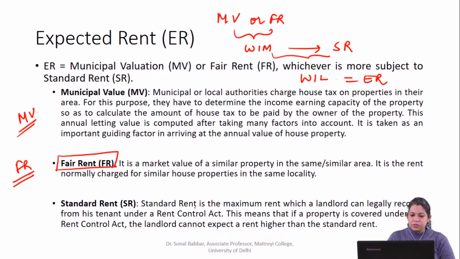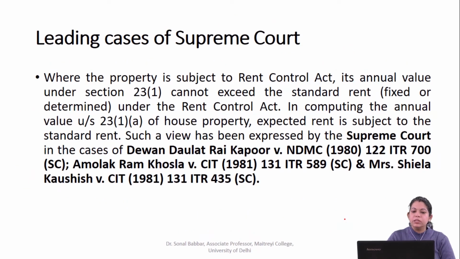Then comes the standard rent. Standard rent is the maximum rent which a landlord can legally recover from his tenant under a Rent Control Act. So it means if a property is covered by a Rent Control Act, the landlord cannot expect a rent higher than the standard rent. This is in fact coming from a leading case of the Supreme Court, where for a property subject to the Rent Control Act, its annual value under Section 23(1) cannot exceed the standard rent fixed or determined under the Rent Control Act.